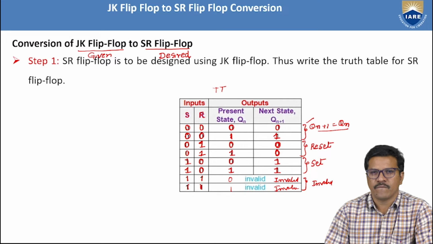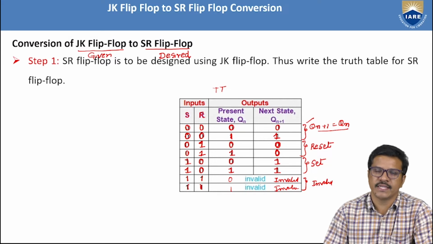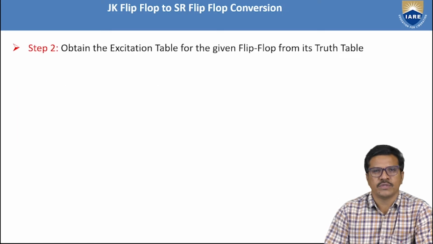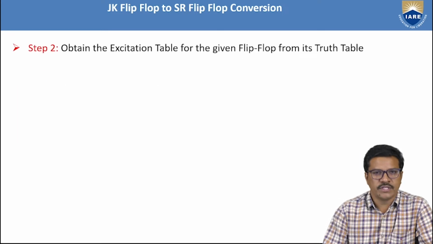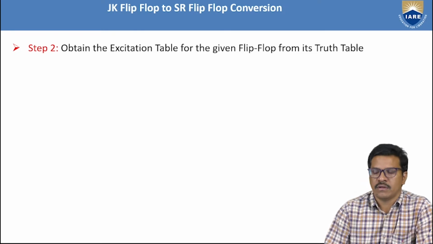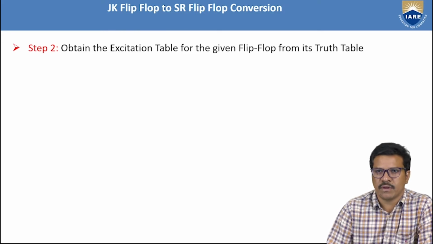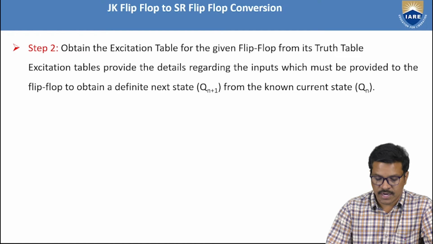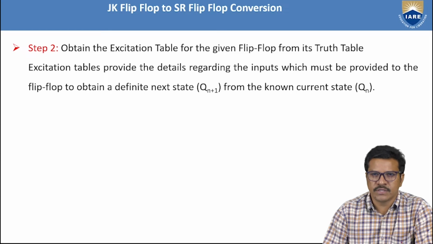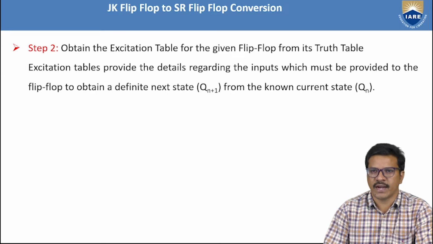By taking this truth table, we can consider this step 1. As we move to step 2, we can get the excitation table for the given flip-flop. Here, the given flip-flop is the JK flip-flop. In step 2, obtain the excitation table for the given flip-flop from its truth table. The excitation table provides the details of the inputs which must be provided to the flip-flop to obtain a definite next state from the known current state.